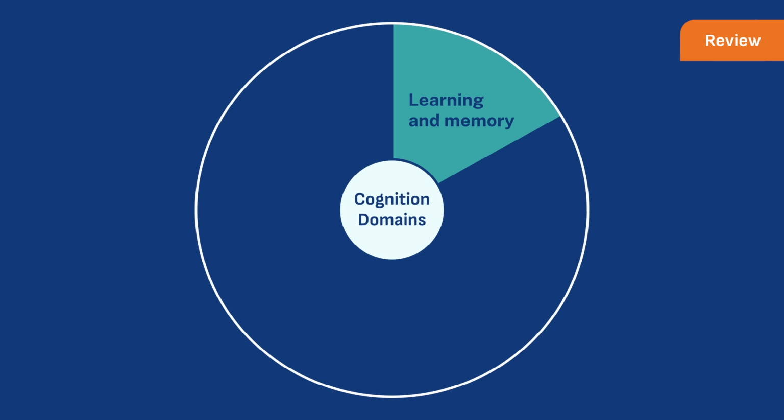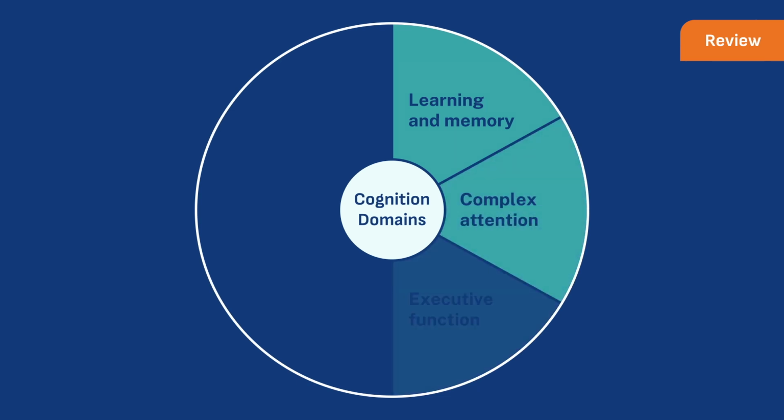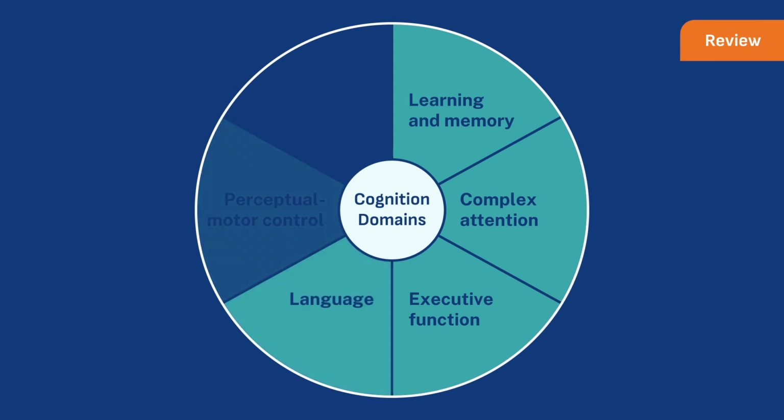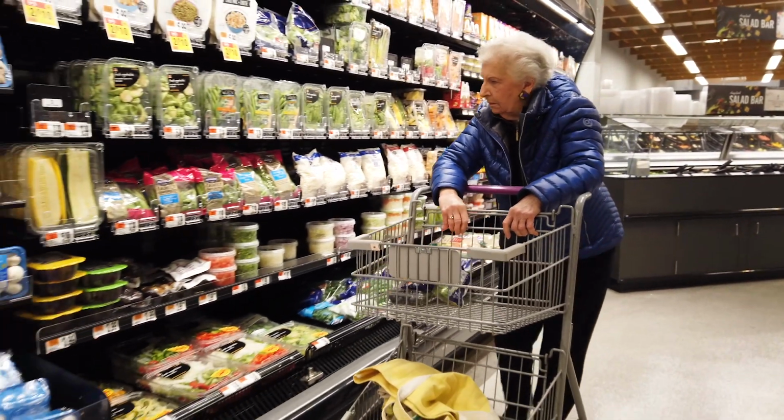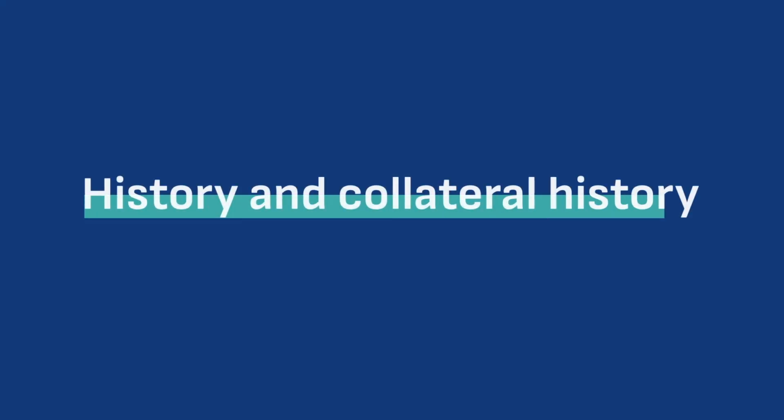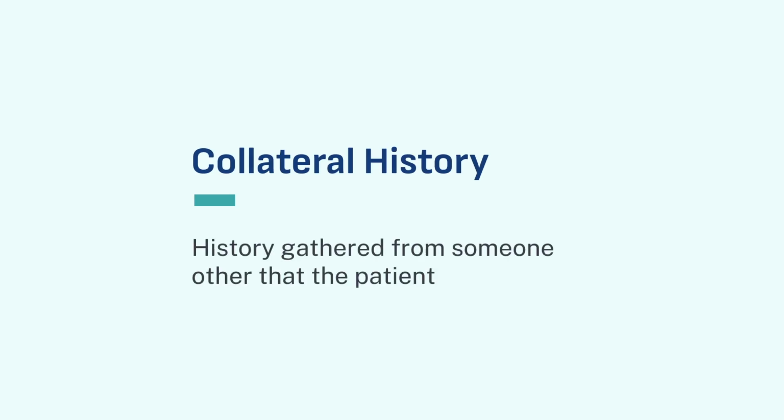But there are other cognitive domains like attention, executive functioning, language, motor control, and behavior that can be affected. As for function, we need to understand how the patient functions day to day, paying attention to their history and collateral history, meaning history gathered from someone other than the patient.